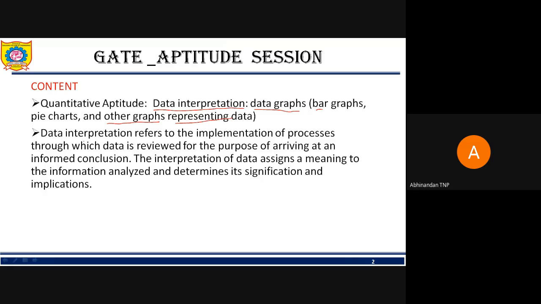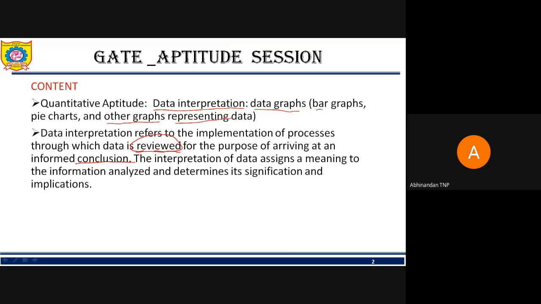Data interpretation refers to the implementation of the processes through which data is reviewed for the purpose of arriving at an informed conclusion. Meaning, in data analysis, what exactly are we performing? We are reviewing the data and then we are concluding something. Okay.